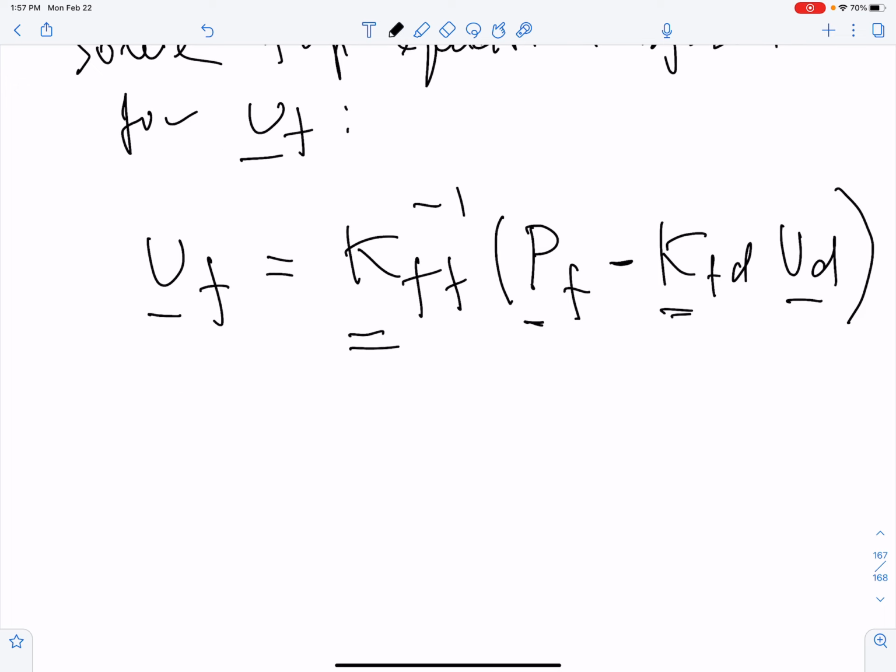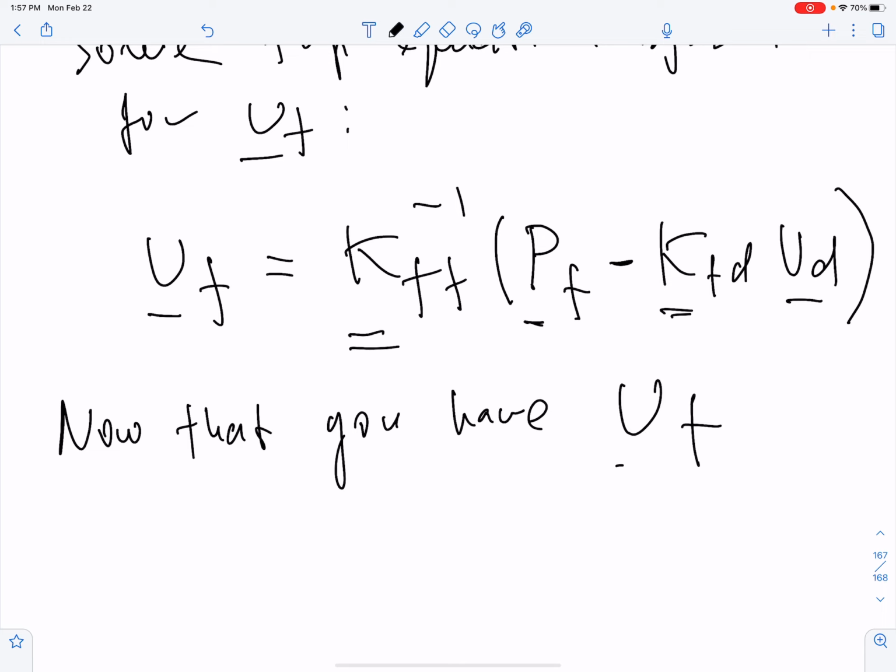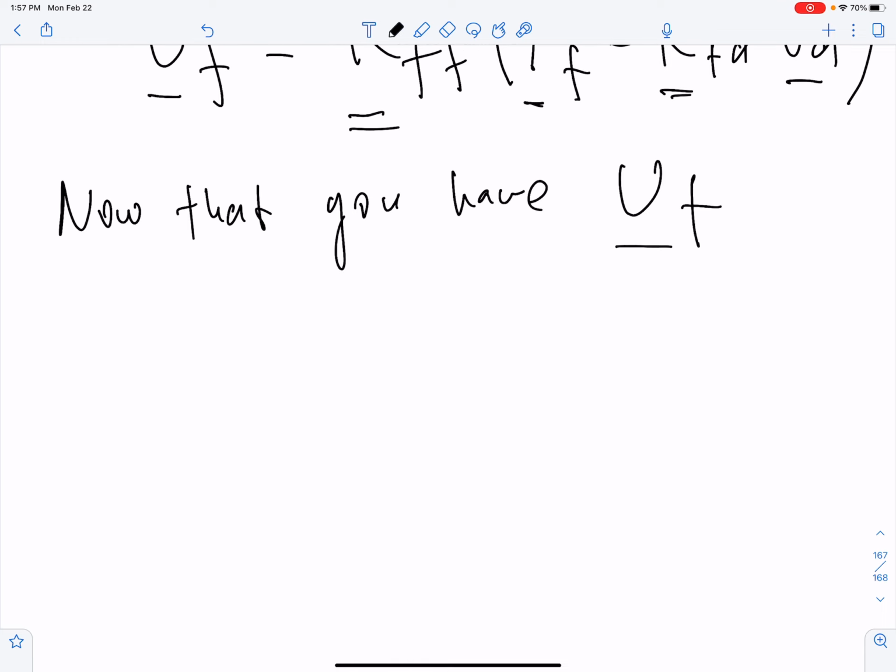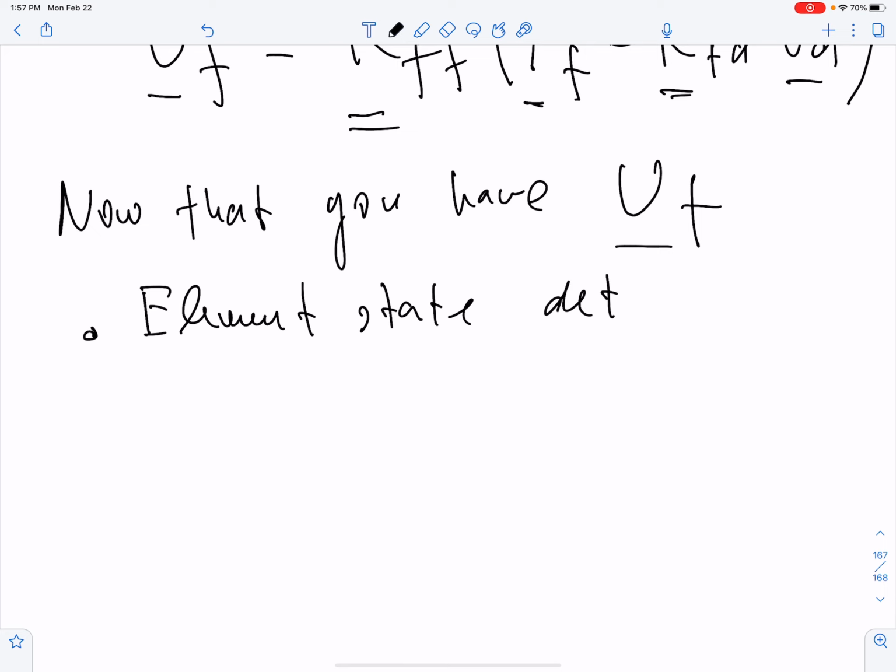So now that you have UF, you need to do two things. You go back and do the element state determination. And then nothing changes here.